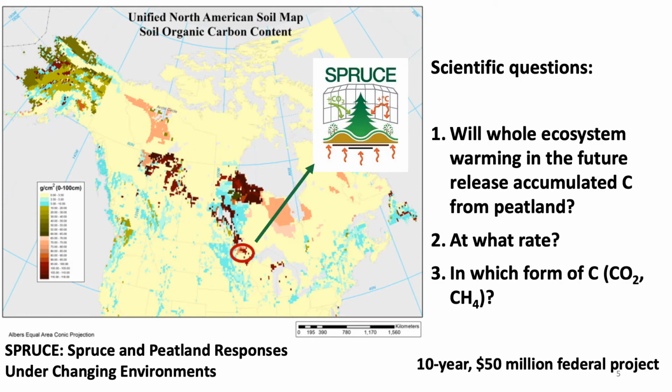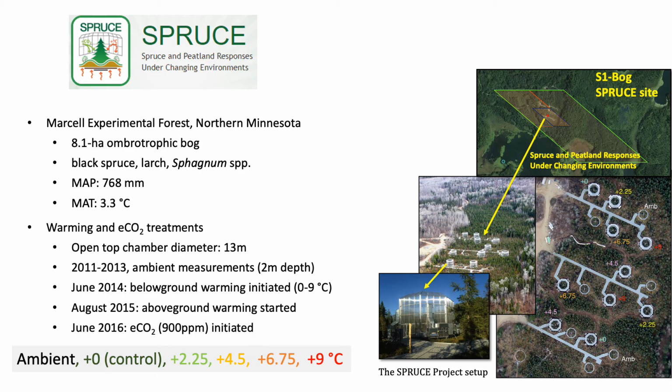The scientific questions within this project include, will whole system warming in the future release accumulated carbon from peatland, how fast will this happen, and in which form of carbon will it be released.